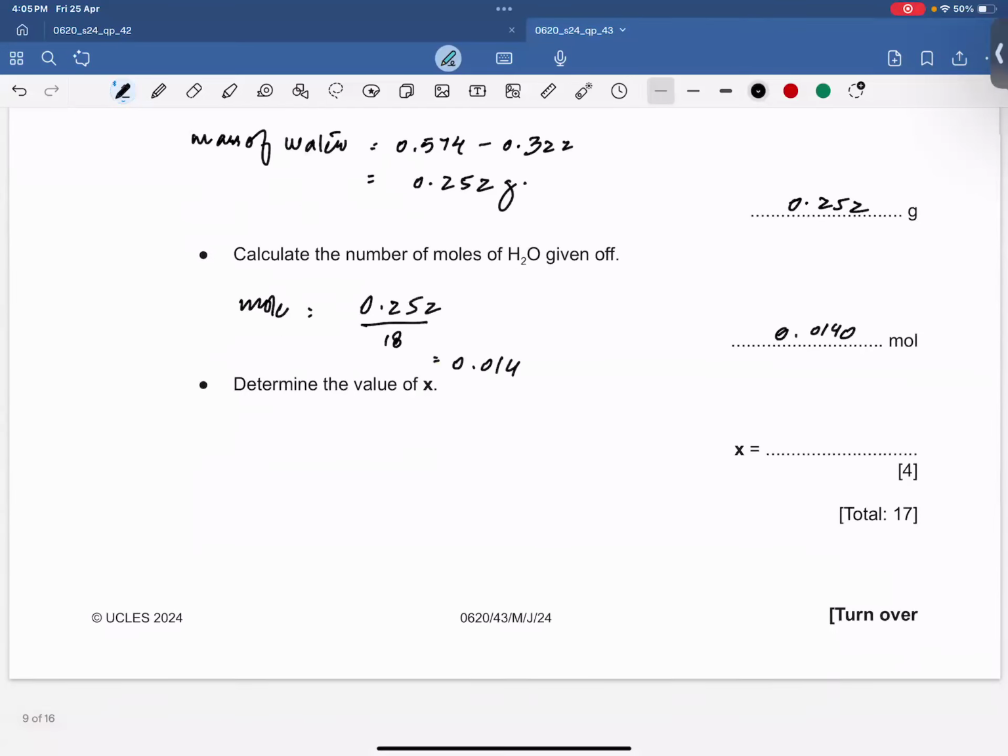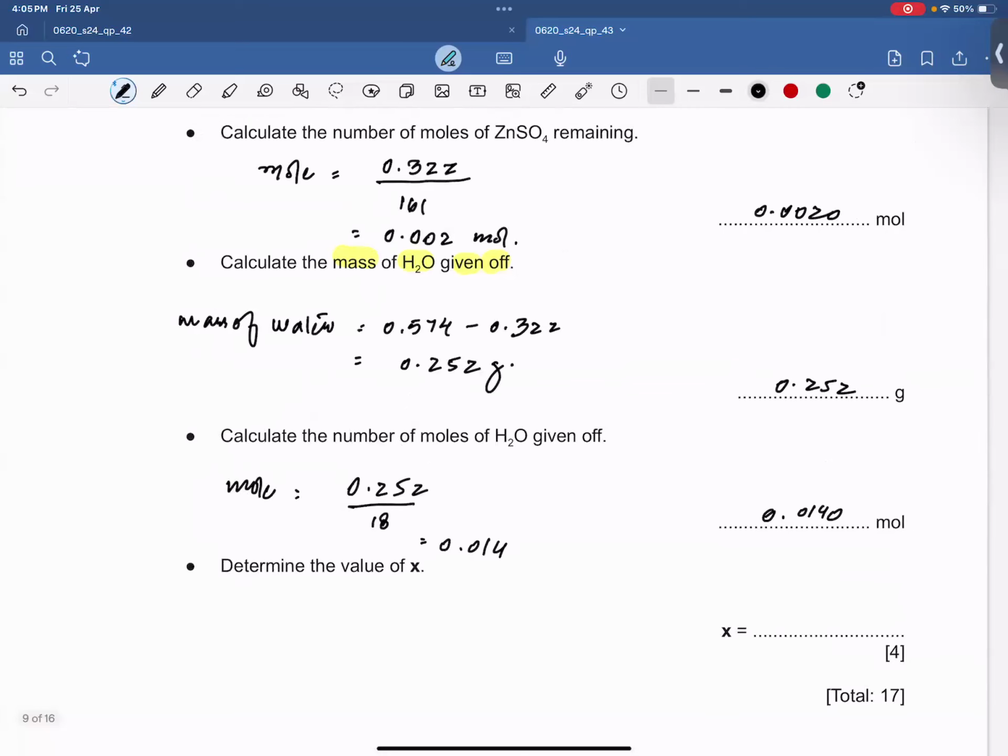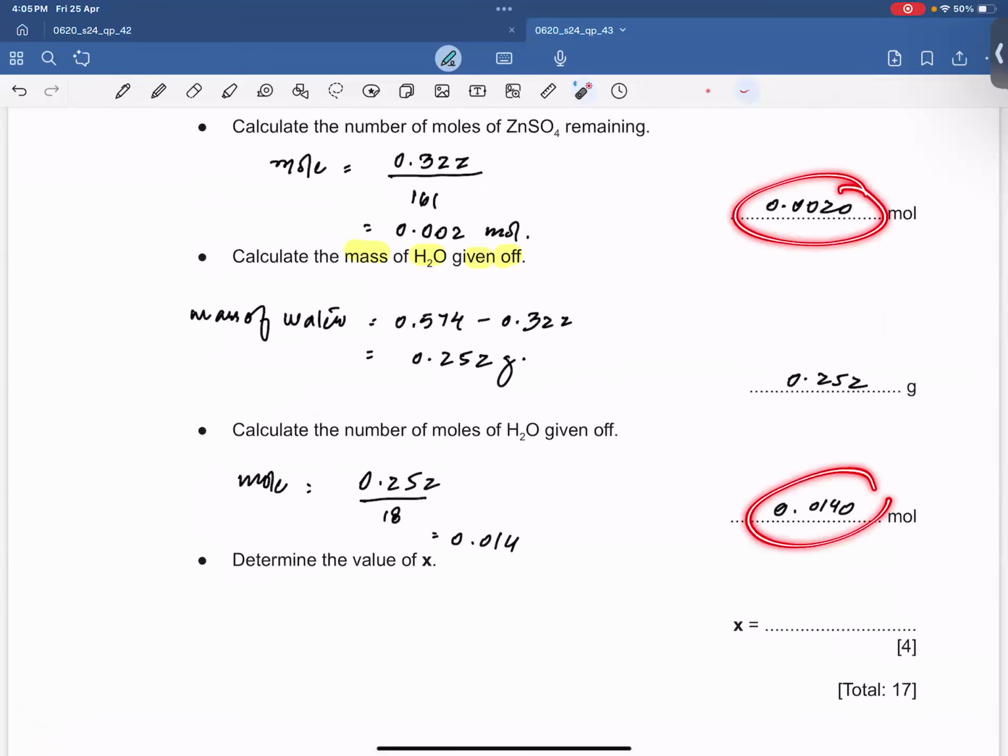Okay. Value of X: I know the moles of zinc sulfate, I know the moles of water.